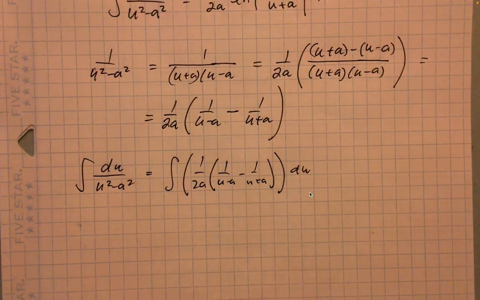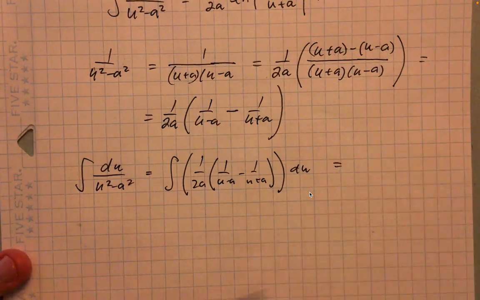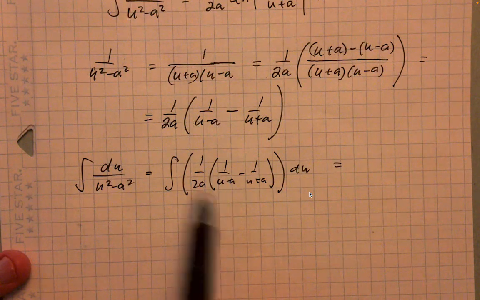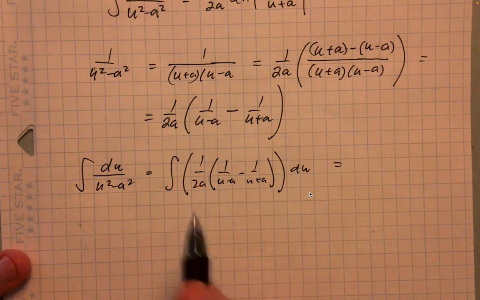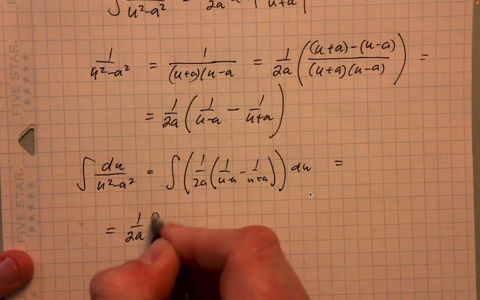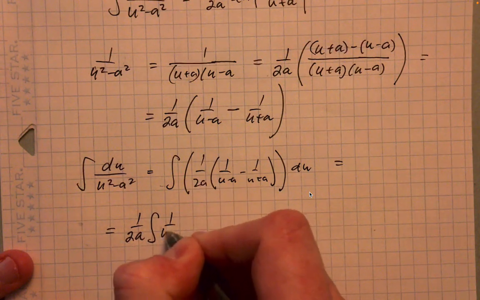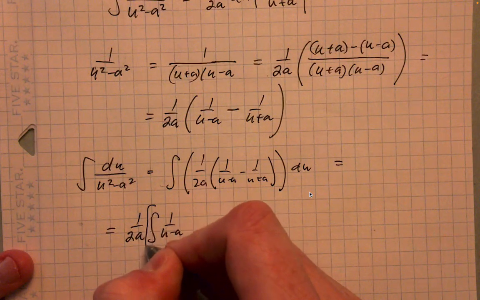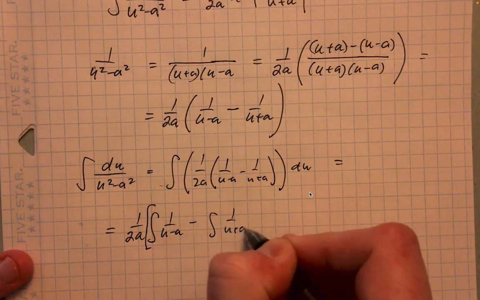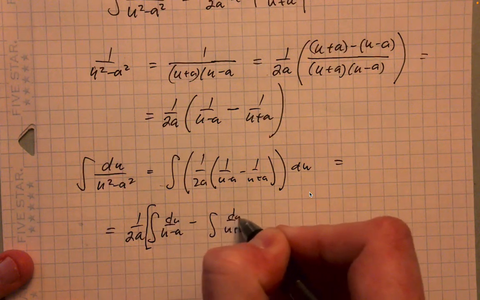Right, like so. Of course this looks more reasonable because this is just 1 over u minus a. Basically, we can integrate that to natural log. So let's go ahead and break this apart. This would be written as 1 over 2a times the integral of 1 over u minus a, and technically minus the integral of 1 over u plus a, and I'm going to put the du on top here.